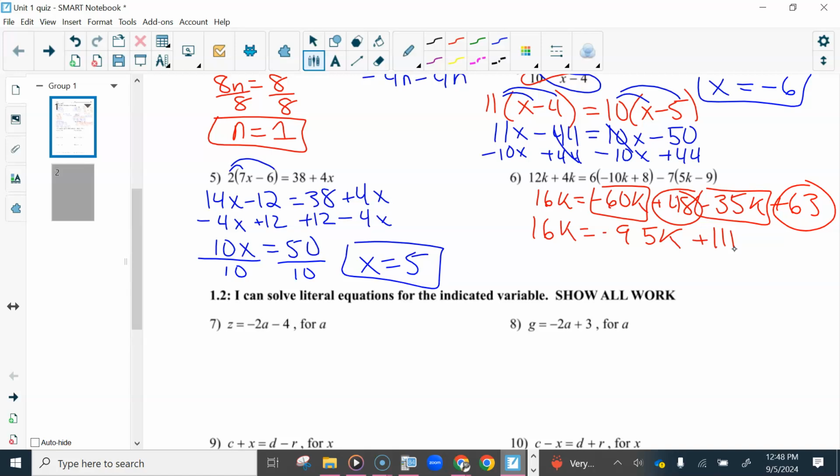I could move the 95k over by adding. And then divide both sides by 111, and we should have gotten 1.